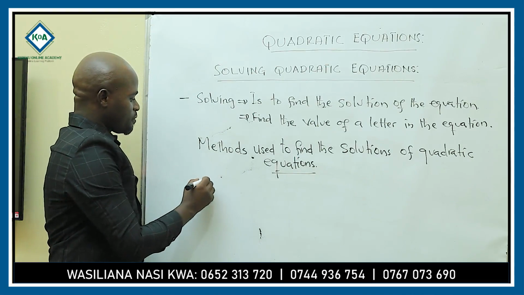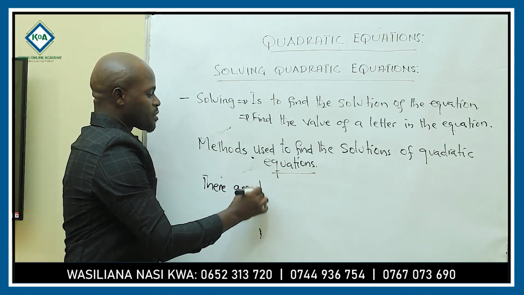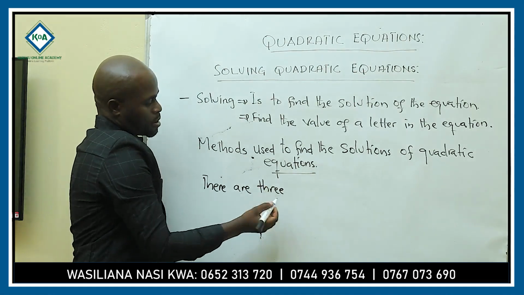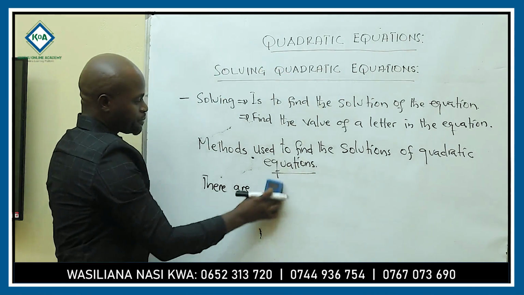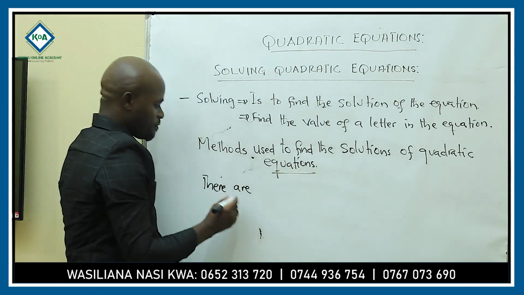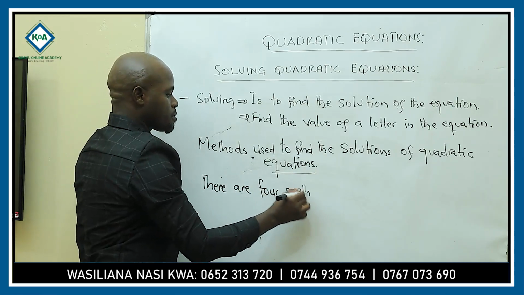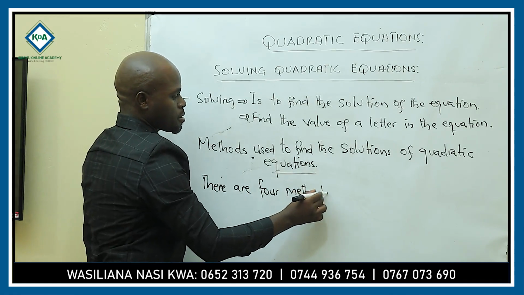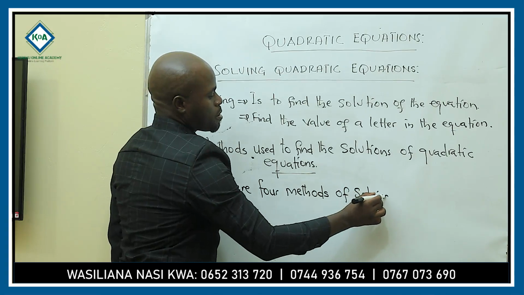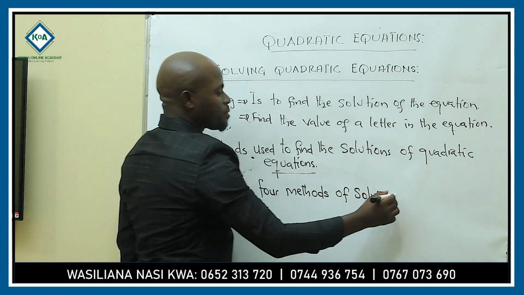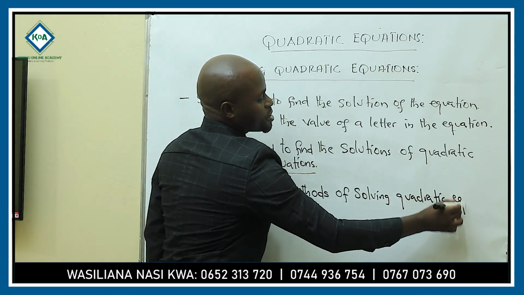So here we have 3, or sometimes you can use 4. Yes, let's take it as 4. So there are 4 methods of solving quadratic equations.